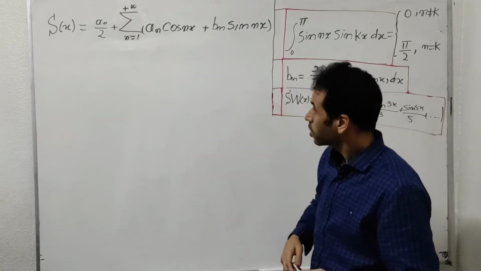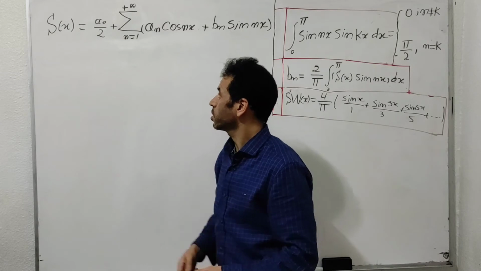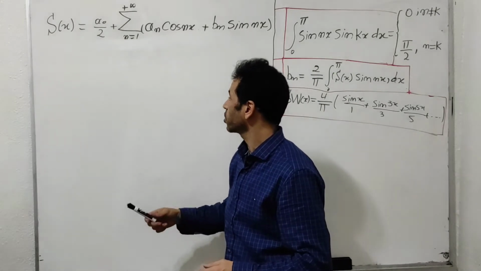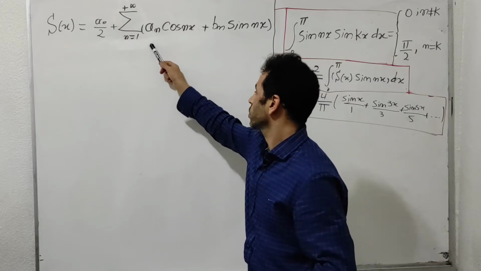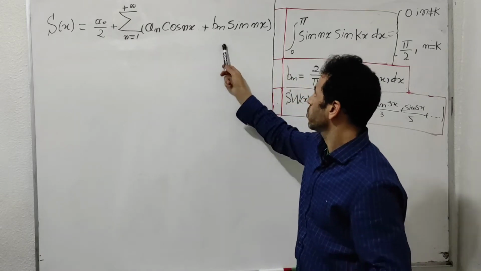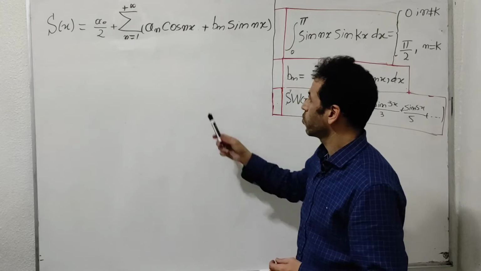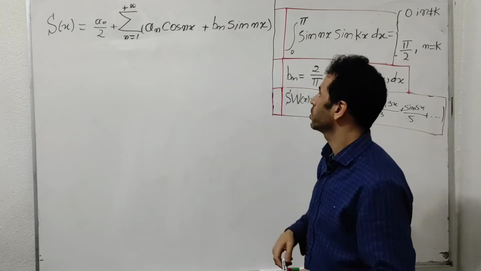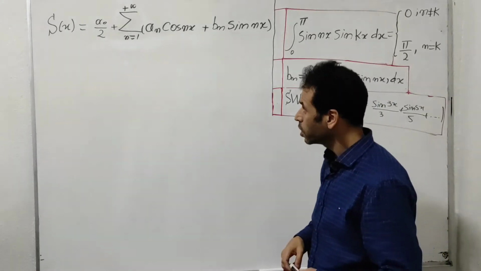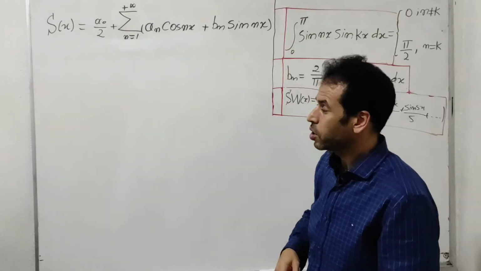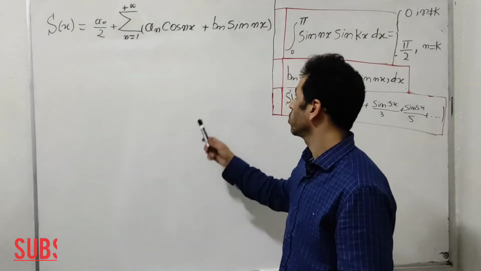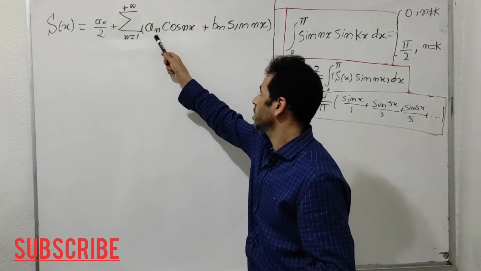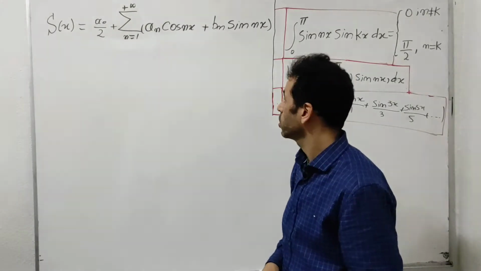Sometimes you find the Fourier series function involving just a sub n only as a coefficient. Sometimes the inverse, you find the Fourier series function in terms of b sub n. It depends on usage. If we need an odd function, we are going to choose the odd function in order to get the a sub n eliminated from the system.